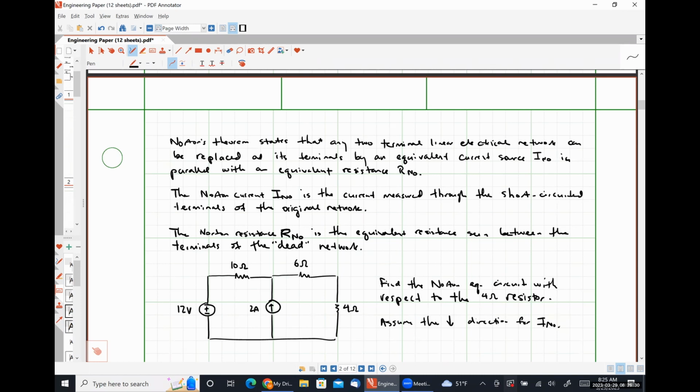So one thing that I want to point out here, and we'll see this when we take a look at your homeworks, is that your homework problems don't really do a good job of saying which polarity to use for determining your Thevenin voltage, or sometimes they do actually, or your Norton current. I always try to make it a point to tell you specifically where the positive polarity terminal should be and what the direction of the current should be, so that it's very obvious what you're doing there, okay?